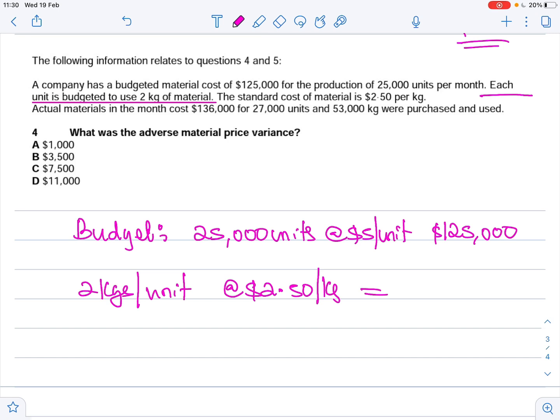So if you take 2 kgs to be 2 cups of sugar, it means for each cup of sugar you have to pay 2.5. So if you say 2 multiplied by 2.5, you have this to be $5, and this is going to be $5 per unit. What unit?